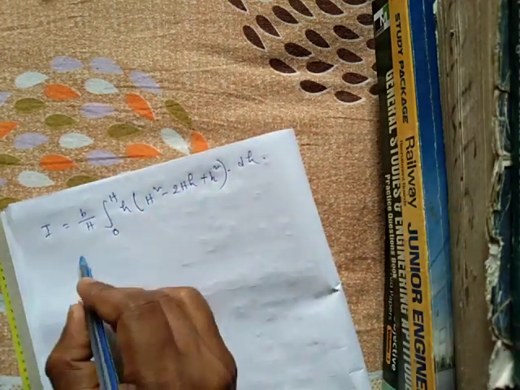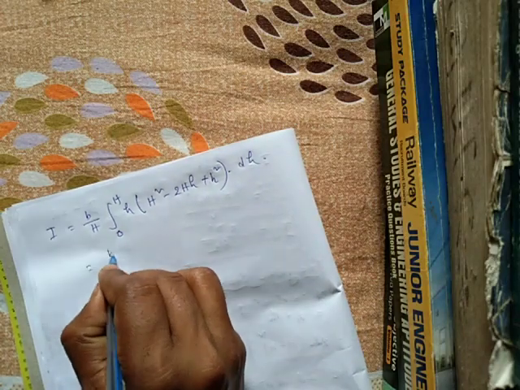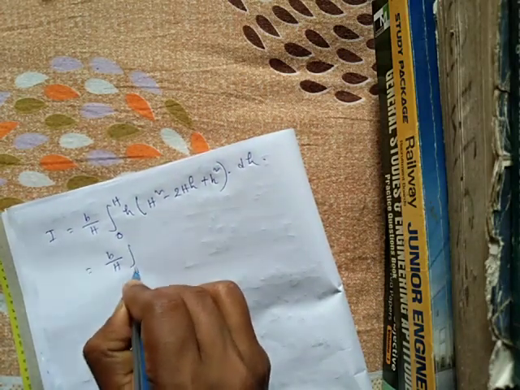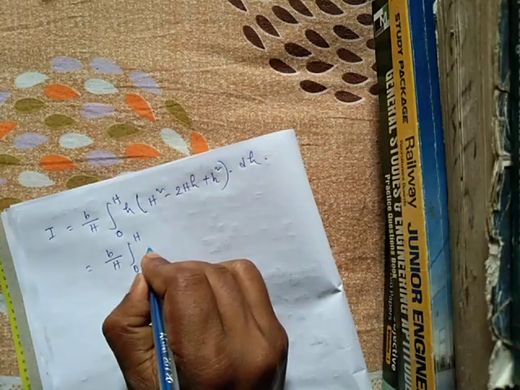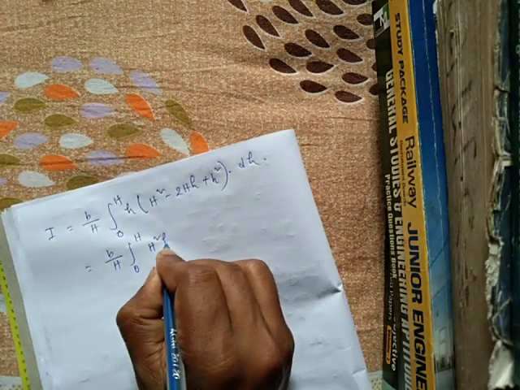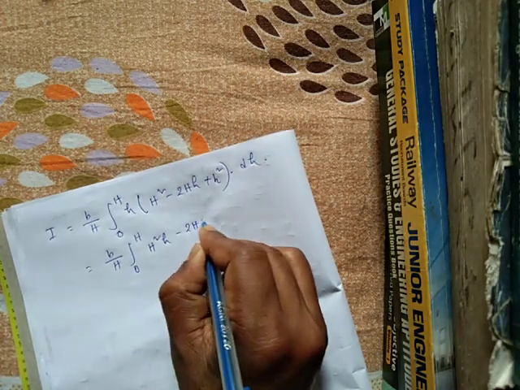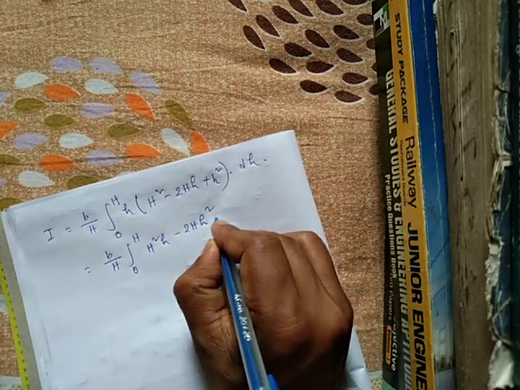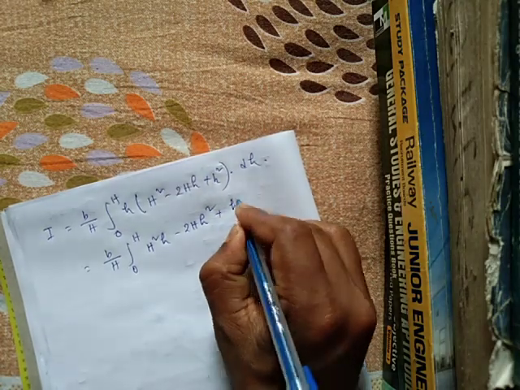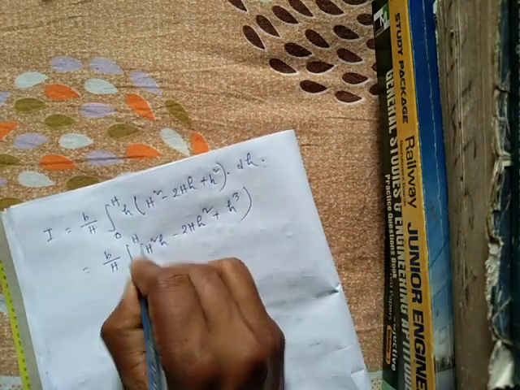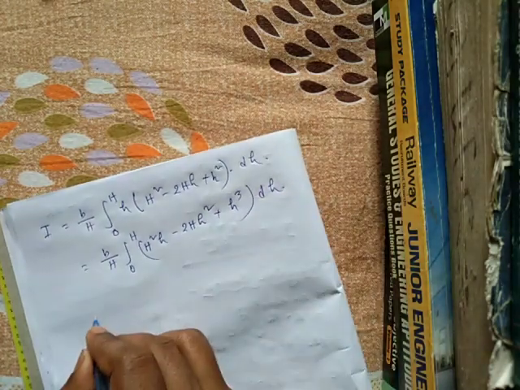Multiplying it, b by H integration 0 to H of (H square into h minus 2H into small h square plus small h cube) into dh.